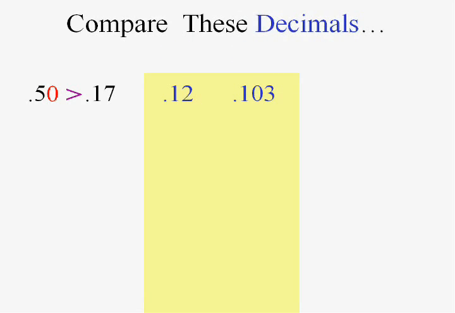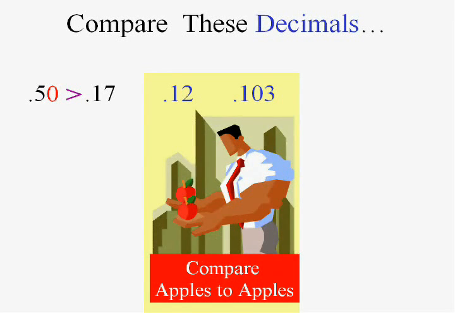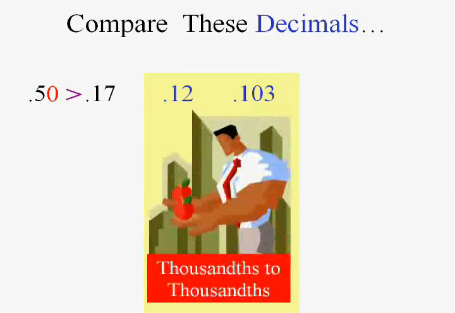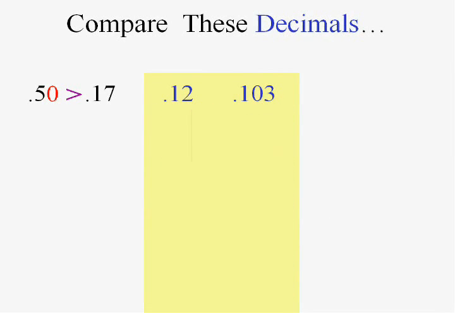In this case, once again, I'm going to have to make them have the same number of digits. So the second one is in the thousandths, so I'll make the first one be in the thousandths by adding a 0. I haven't really changed anything, and I know 120 is bigger than 103, so it's not so bad, is it?